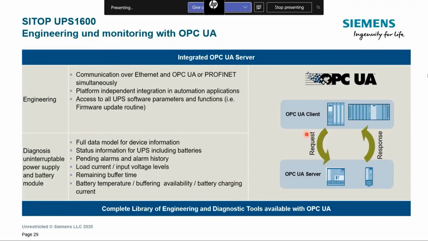And as we mentioned, because of OPC UA support, you can have any third-party OPC UA client having full access to all the parameters and functions of the UPS, changing parameters and reading all the possible measurements from the device.